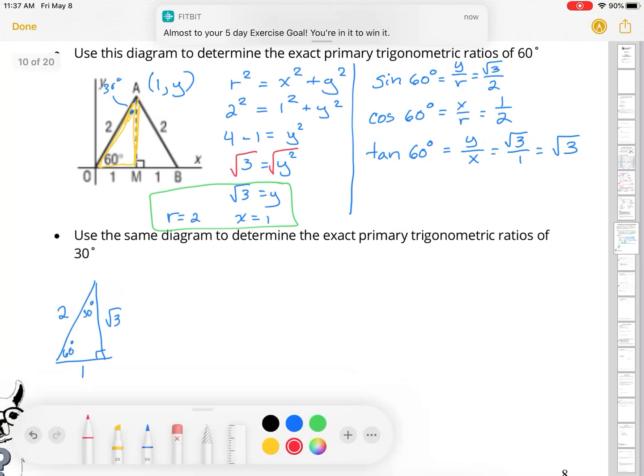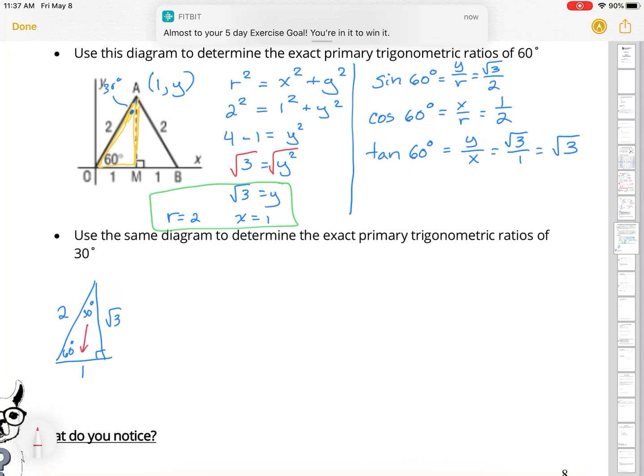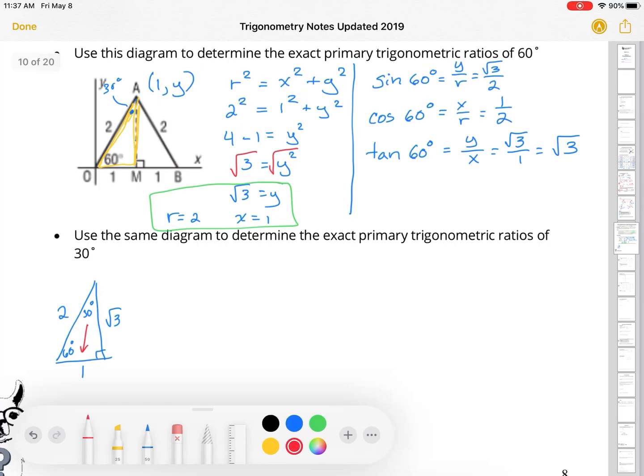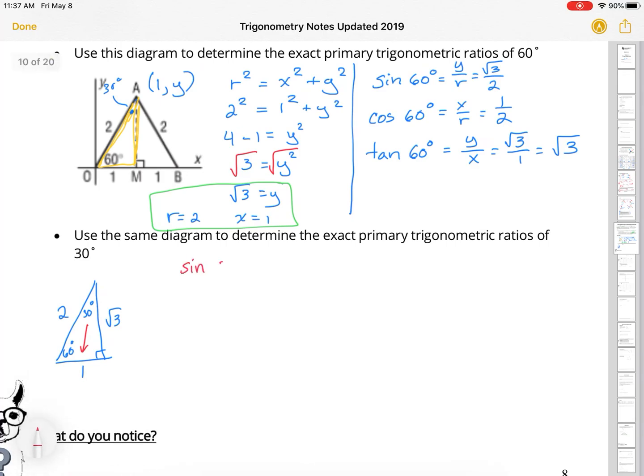The sides are the same: 2, 1, and root 3. The only difference is I'm now looking from a different angle. So I want to think about my SOHCAHTOA, not my x and y and r, to figure those out. So we have all the sides.